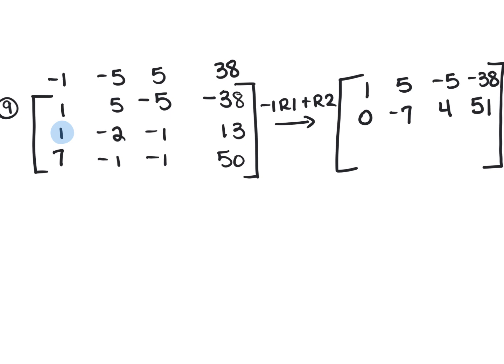Next thing I'm going to do is put a 0 here. So we're going to erase these top numbers. And we are going to have to take negative 7 times row 1. So negative 7 times 1, negative 7 times 5, negative 7 times negative 5, and negative 7 times 38.